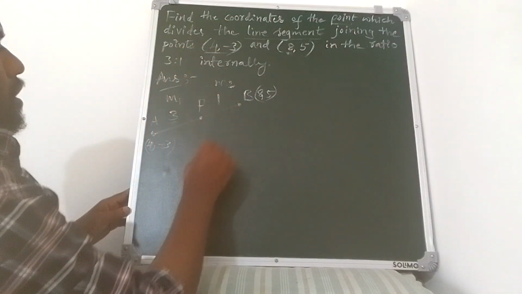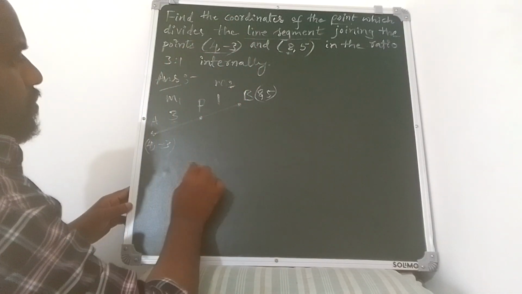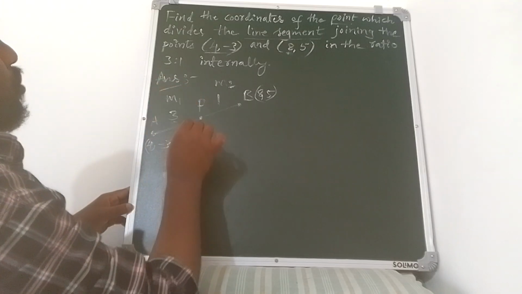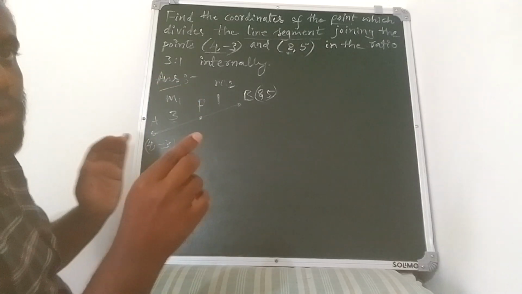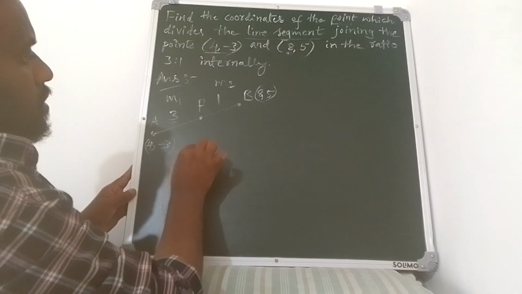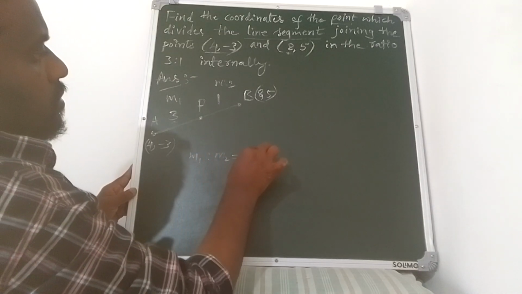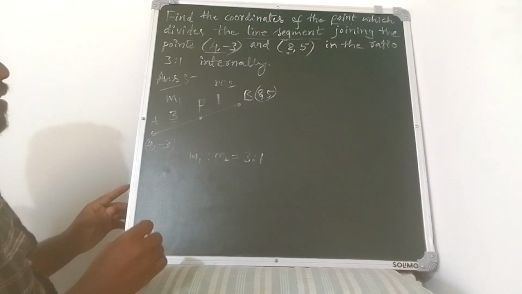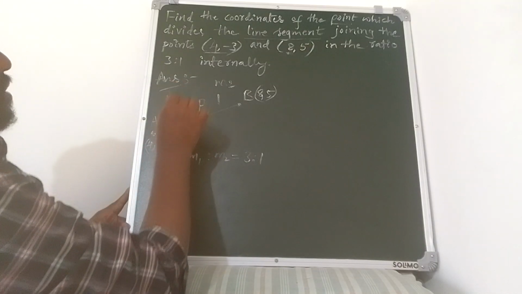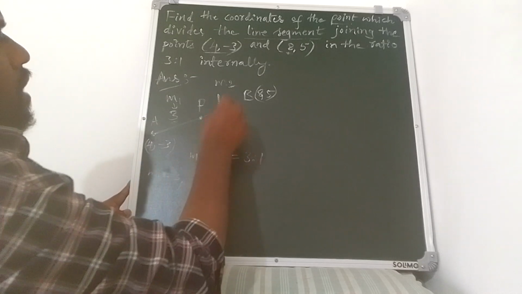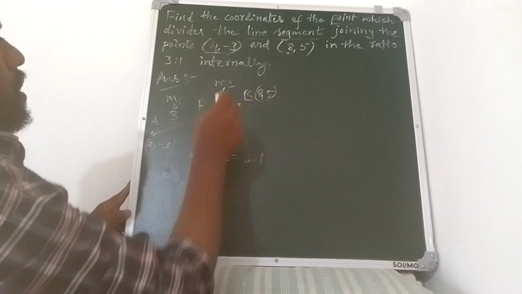The given ratio is 3 is to 1, so m1 is to m2 is equal to 3 is to 1. So m1 is equal to 3 and m2 is equal to 1.